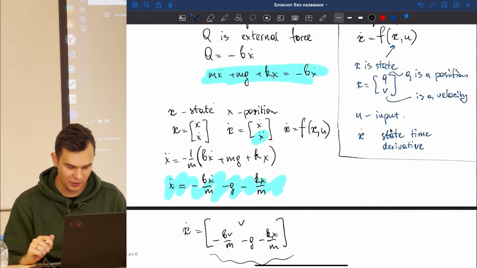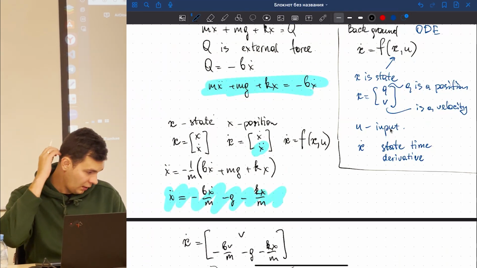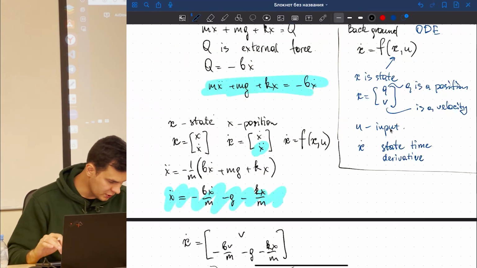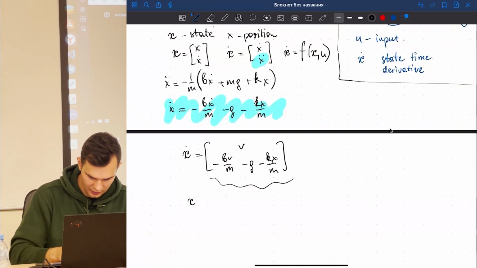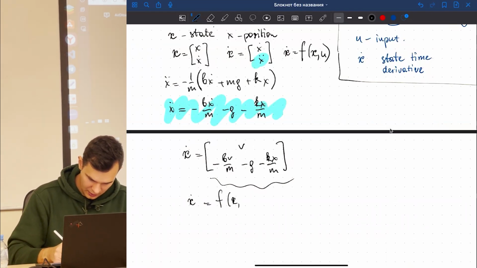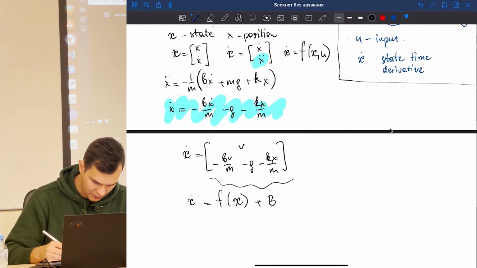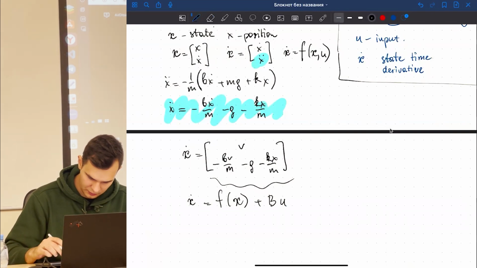but the point is that we just derived a passive structure. If we had a control part, in this case it would look something like this: state plus some input Jacobian, what is called, times control.